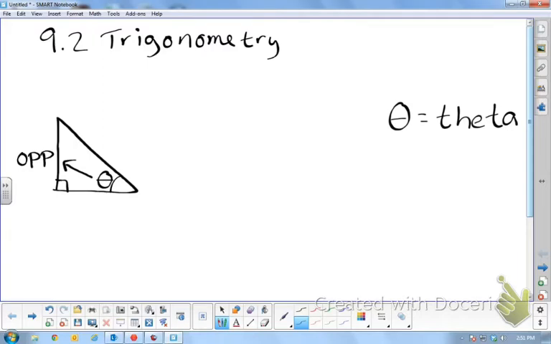And usually we just write OPP for opposite because we're lazy and we don't want to write the whole word. Well, then we look at the other two sides. The bottom side is next to theta, but so is that slanted top side. It's next to theta. Well, that means they're both close to theta. We can't just call them both sides that are next to theta. They have to be different somehow.